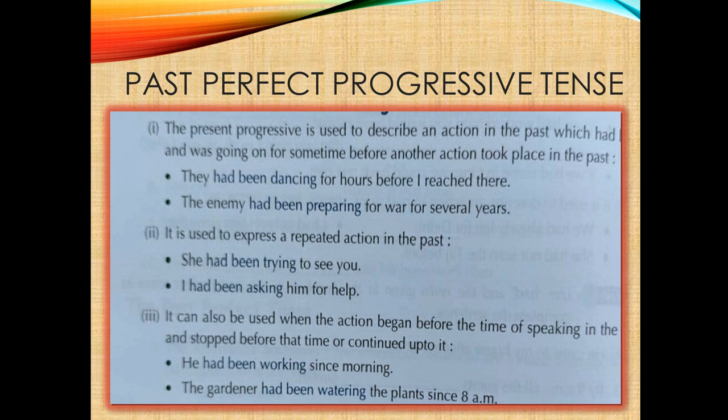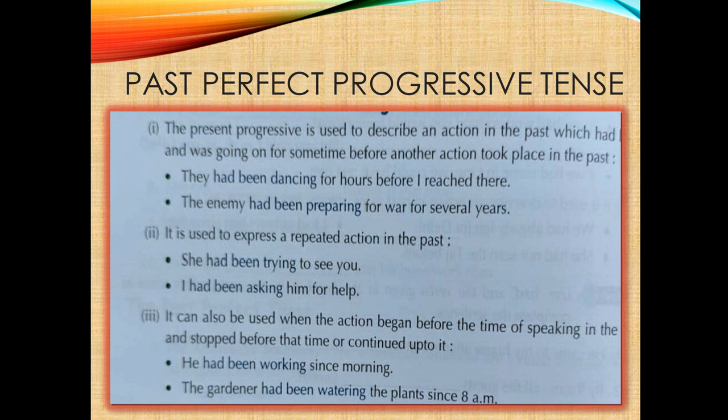It is used to express a repeated action in the past. She had been trying to see you. I had been asking him for help. Now, these are the repeated actions which have taken place in the past. She has been trying to see you.